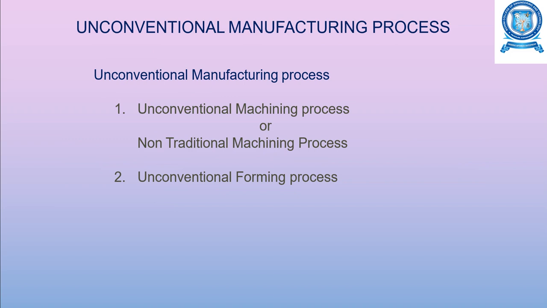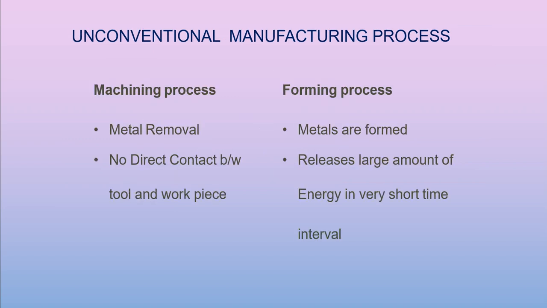In machining process, metal has to be removed, and there is no direct contact between tool and workpiece in unconventional machining process. And in unconventional forming process, metals are formed, releasing a large amount of energy in a very short time interval. So these are the basic differences between the unconventional machining process and forming process.